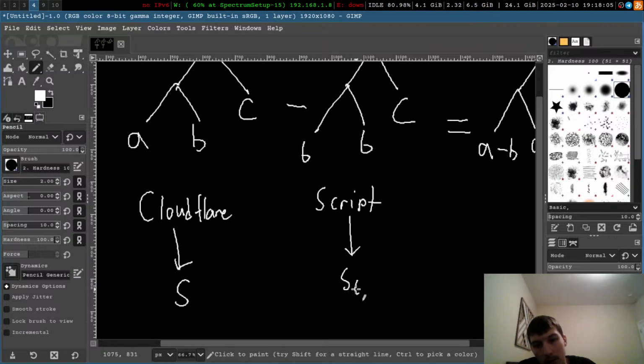So this is like ST. This is just S1. So the goal is how do we get from S to S1, right?